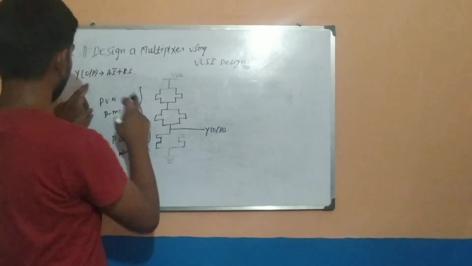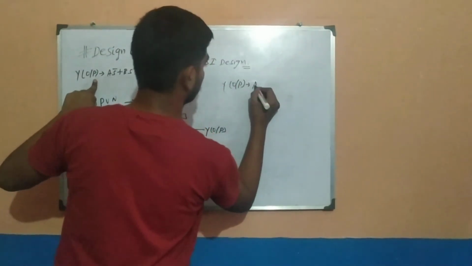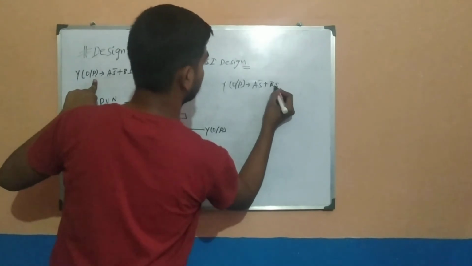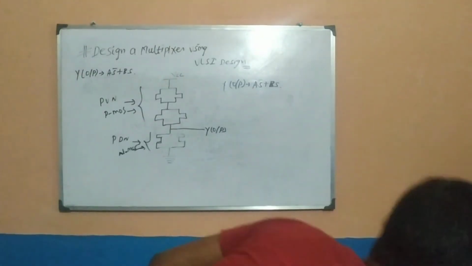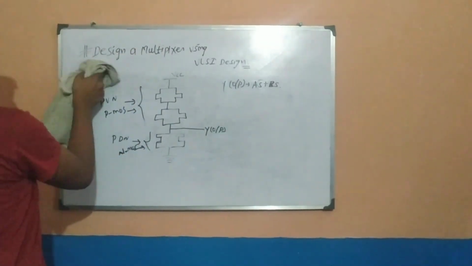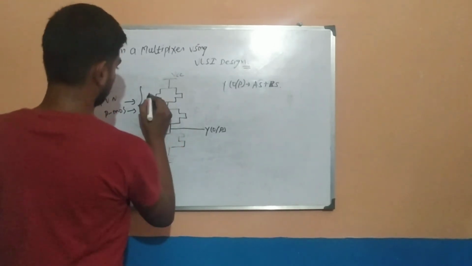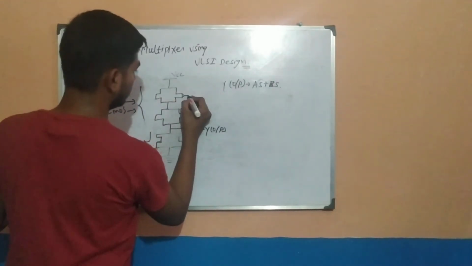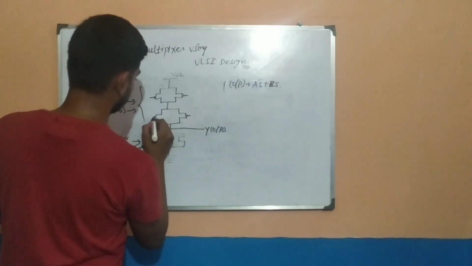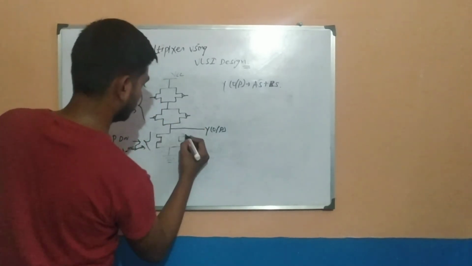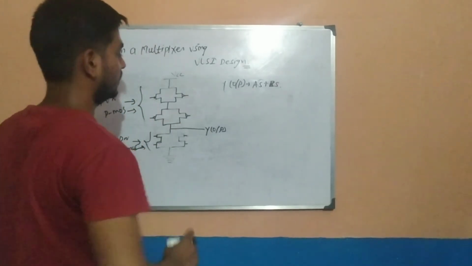And my Boolean expression is Y output is A dash plus B dash, that is A dash into B dash. So there is a bubbled inverter. It is represented like this. The pull-up network contains the bubbled inverter.